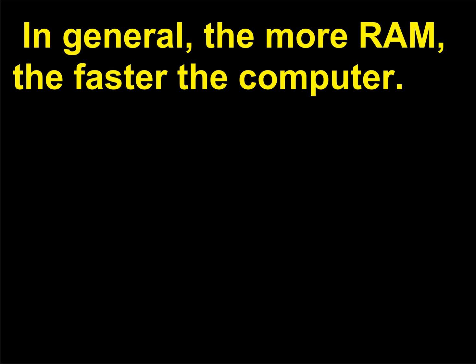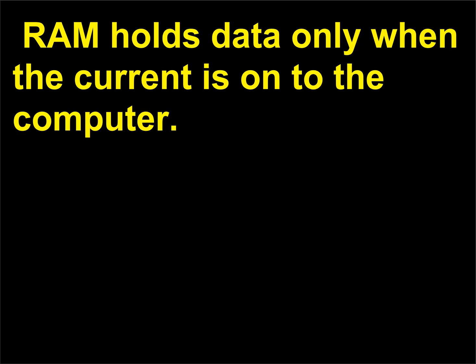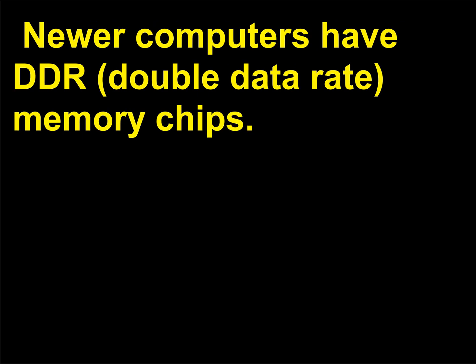RAM may be read and altered by the user. In general, the more RAM, the faster the computer. RAM holds data only when the current is on to the computer. Newer computers have DDR, double data rate, memory chips.